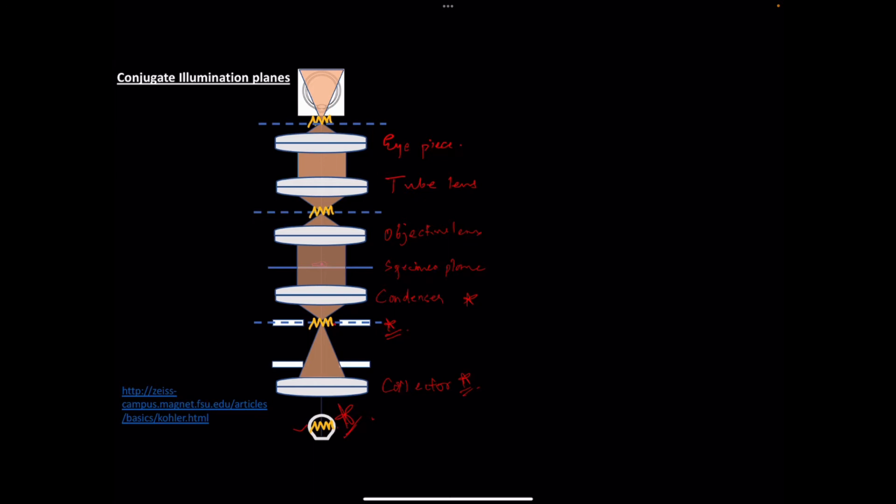Now, if you place the image of the first object, that is the image of the filament, on the conjugate focal plane, then in subsequent conjugate focal planes, see, all of these lenses are basically a parallel arrangement of lenses along the principal axis. They are all aligned with respect to the principal axis.